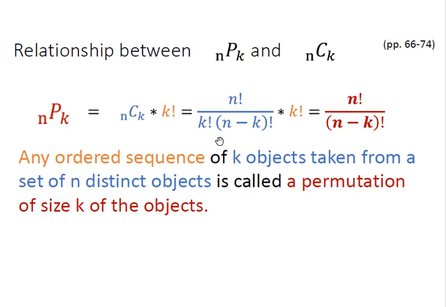Okay, it's the formula for combination times k factorial, and this one you can see the result is the permutation of k objects out of n.